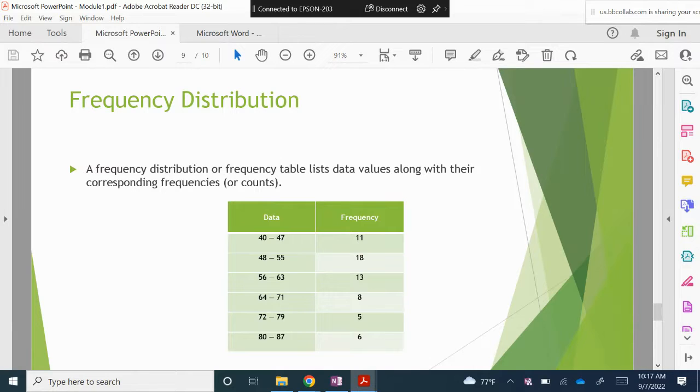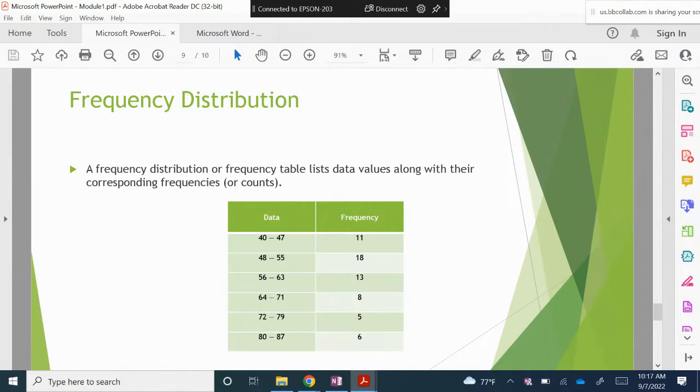On this first column, we have the data, and this data is in intervals. 40 to 47, 48 to 55, on down to 80 to 87. In the second column, we have the frequencies or the counts. These things are called classes: the first class, second, third, fourth, fifth, and sixth classes.